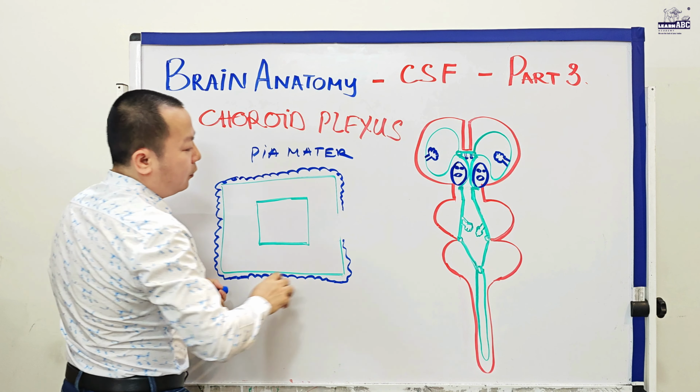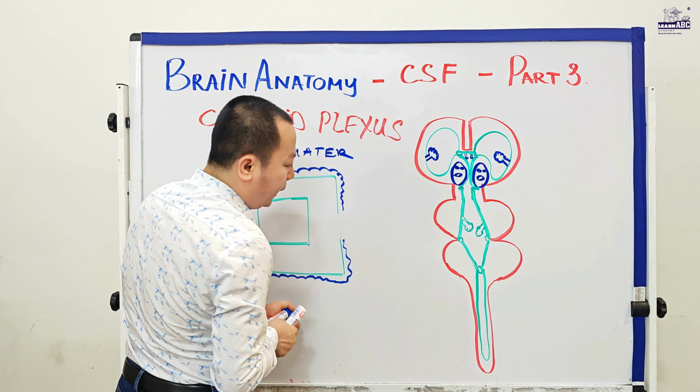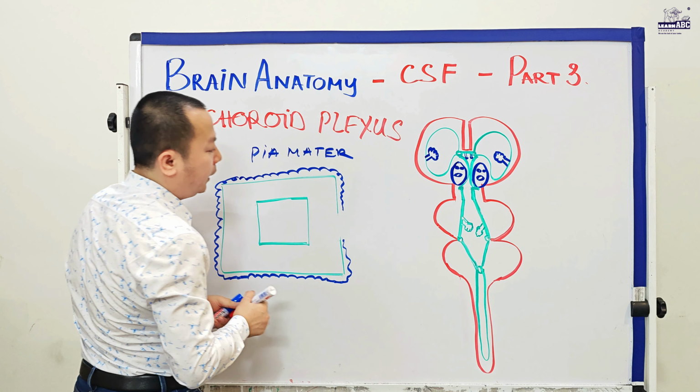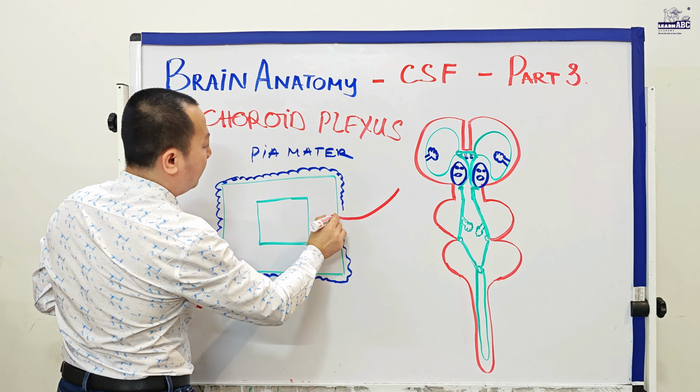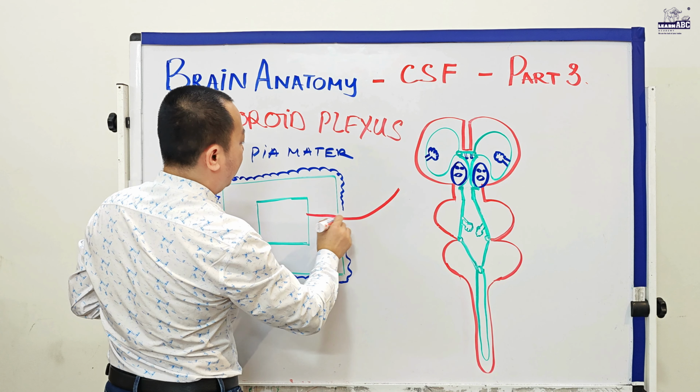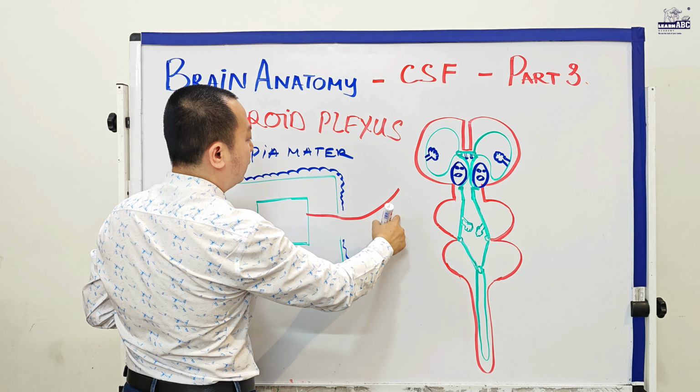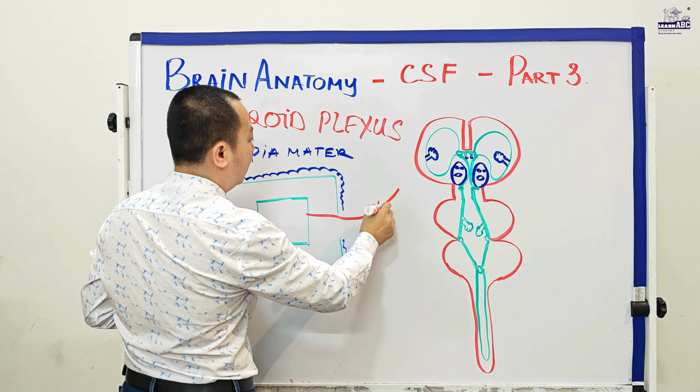And this cavity, you know, something goes in from outside. What is that something? Here we have the artery. This we call the choroidal artery, going inside the cavity.